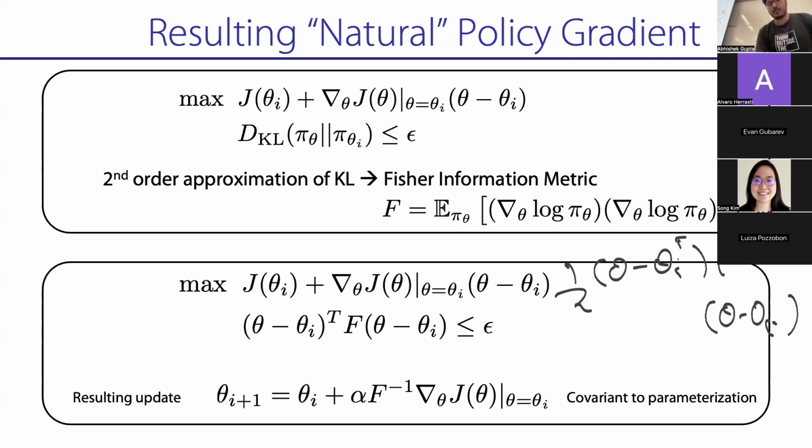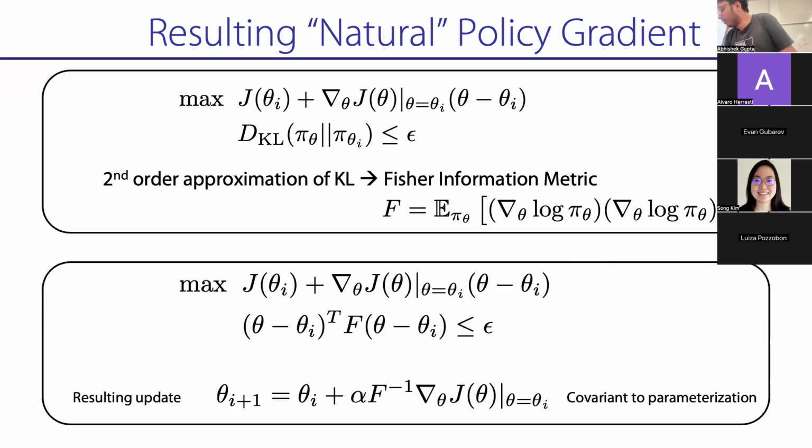And once you have this Fisher information matrix, you can plug it back in and you get a gradient update, but something that is preconditioned with F inverse, right? So if F is your Fisher information matrix, you're going to do gradient descent preconditioned by F inverse.